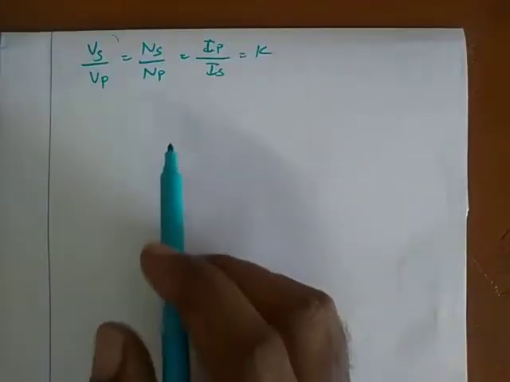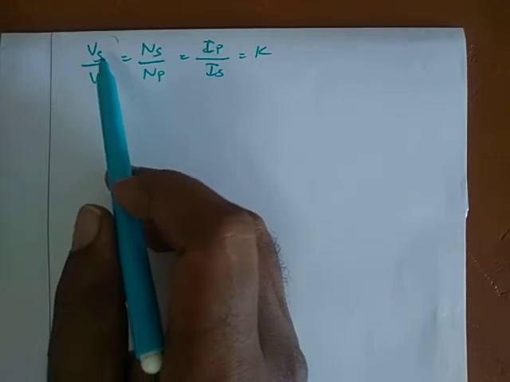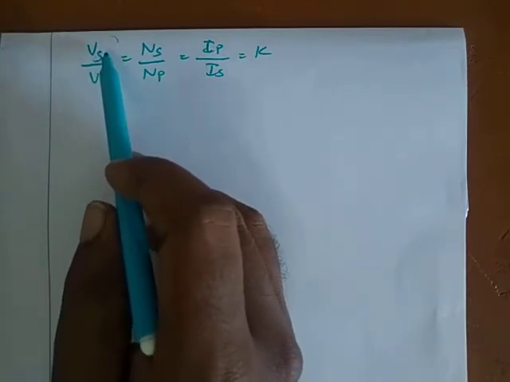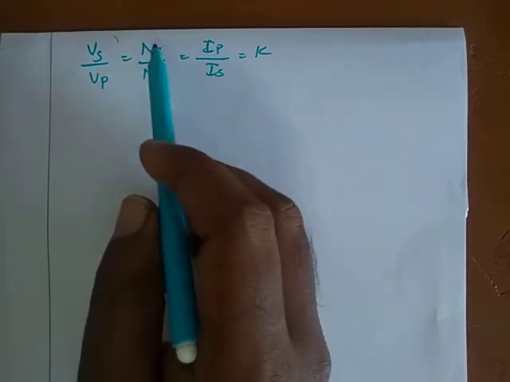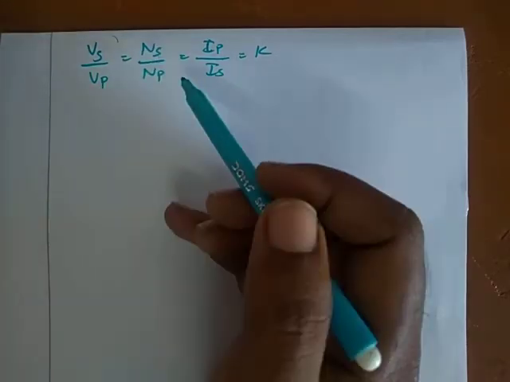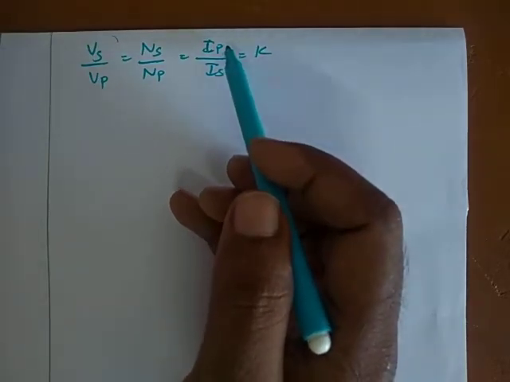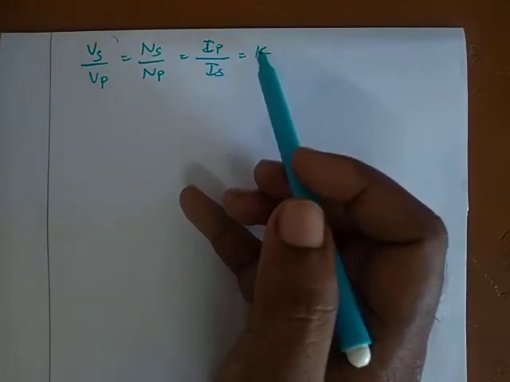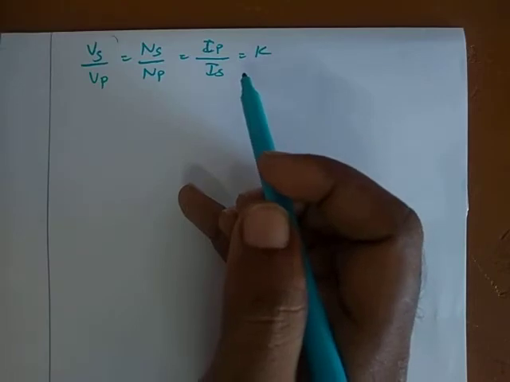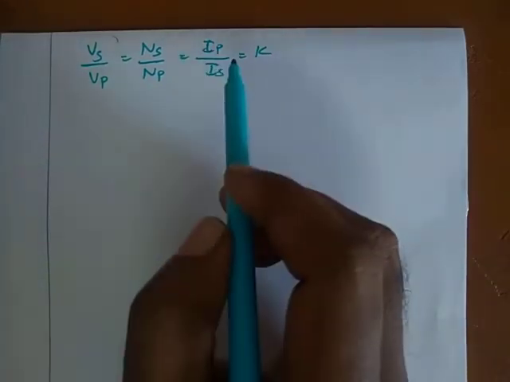From this equation, V_s is the voltage across the secondary coil, V_p is the voltage across the primary coil, N_s is the number of turns in the secondary coil, N_p is the number of turns in the primary coil, I_p is the current in the primary coil, I_s is the current in the secondary coil, and k is the transformer ratio. Using this relation we can identify whether the transformer is step up or step down.